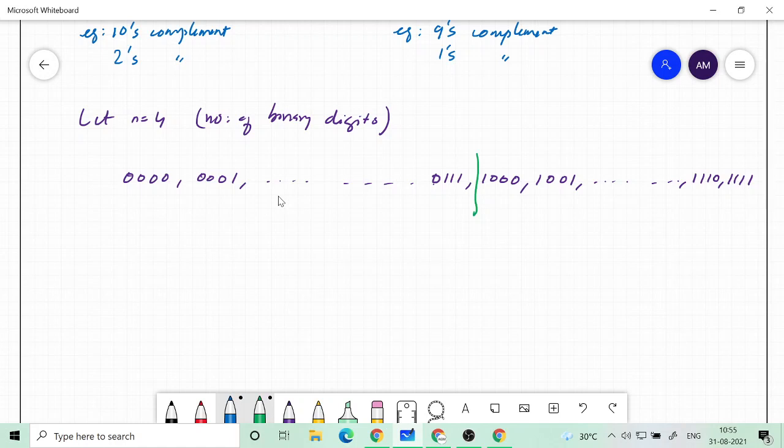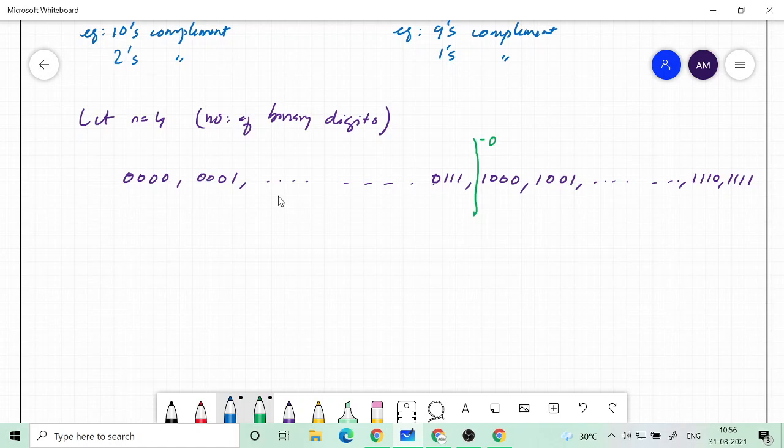Okay, so first let us look at 1's complement. So in 1's complement, what is going to happen is, this will be minus 7.